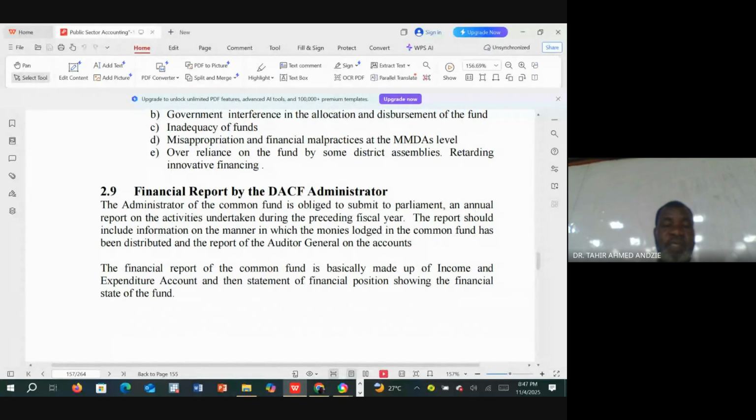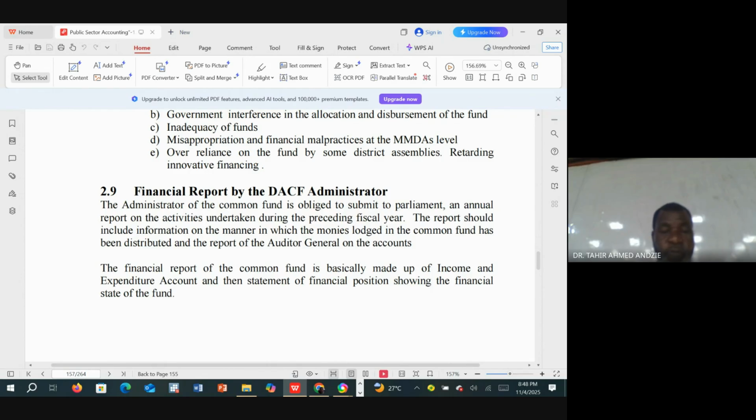So it is a part of the Local Government Act that at the end of the year, the administrator of the common fund must submit a report to the Parliament detailing how the money deposited in the fund has been used, has been distributed. And this report must be audited by the Auditor General.